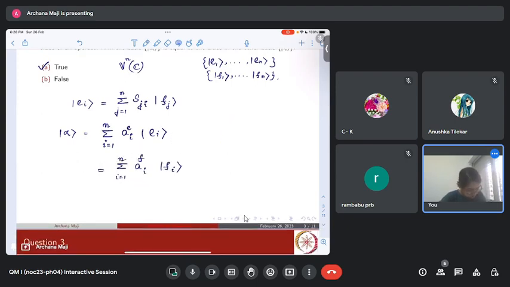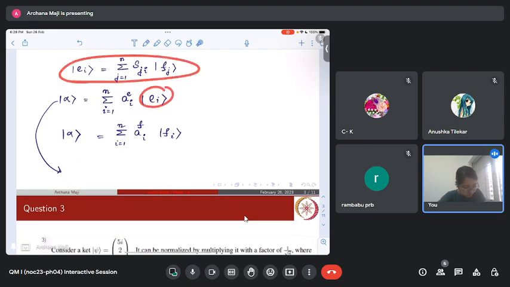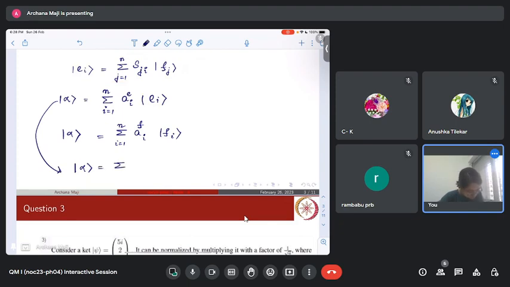Now let me write it here. So here if we replace these basis vectors in terms of these, what do we get? So alpha vector, I'm just replacing this Ei ket here.